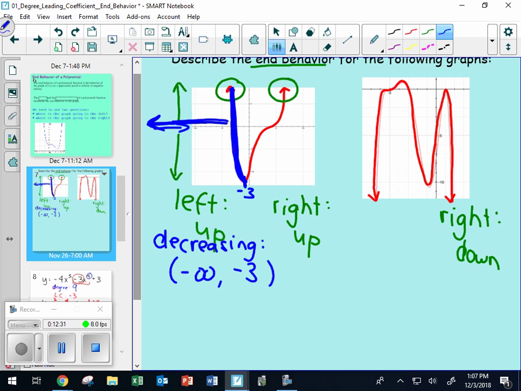So if we look over here, this starting point here, that's the farthest left that we started, right? If this is the farthest left that we started, that means that right here, if you think about it, your graph is going to continue to go this way as if you were able to zoom out of your graph.